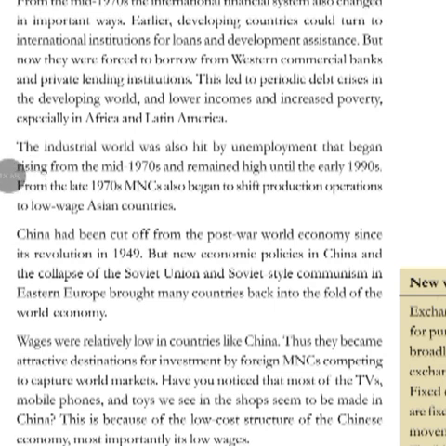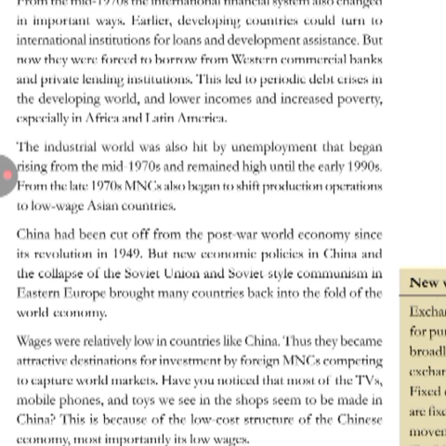Due to this, the Western commercial banks and private lending institutions started giving loans and development assistance to the developing countries. The industrial world was also hit by unemployment and the high cost of employing people in the Western world.